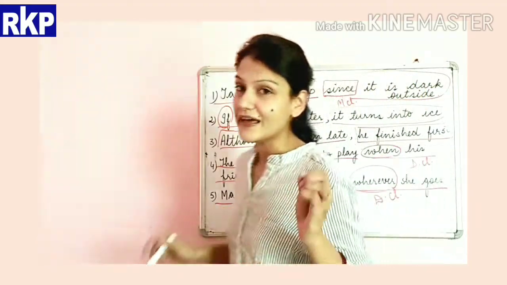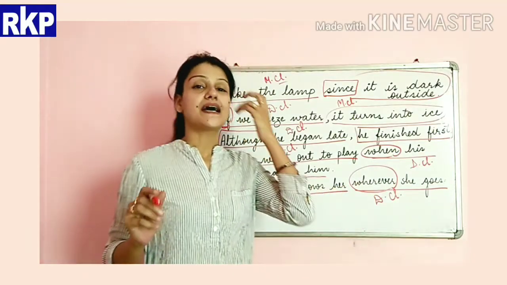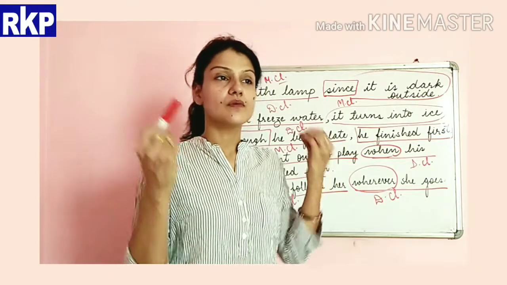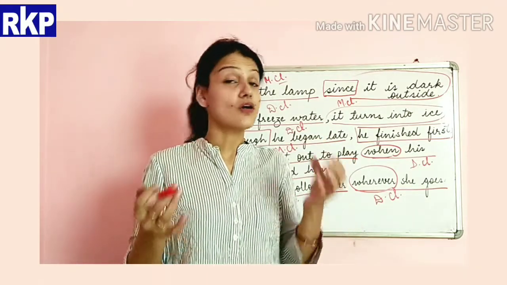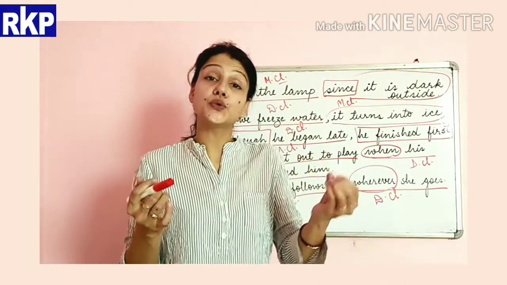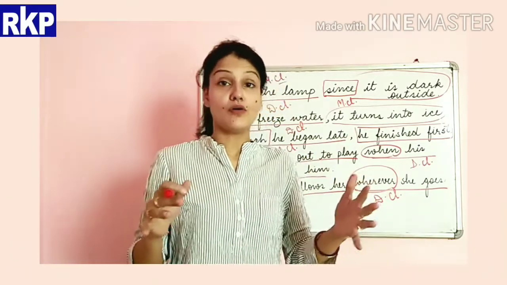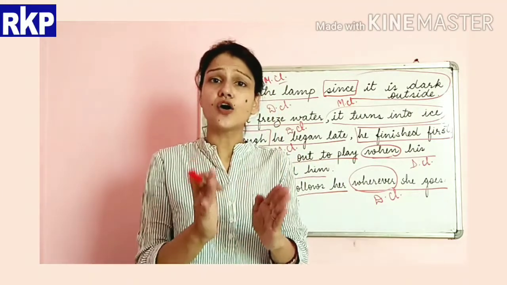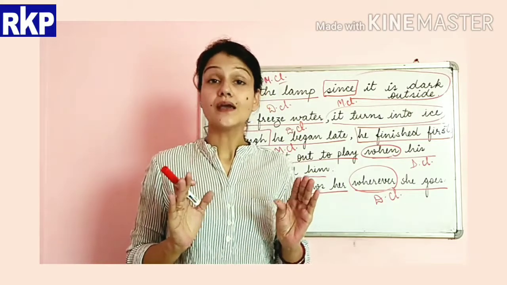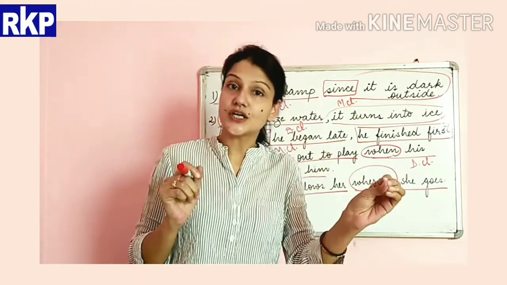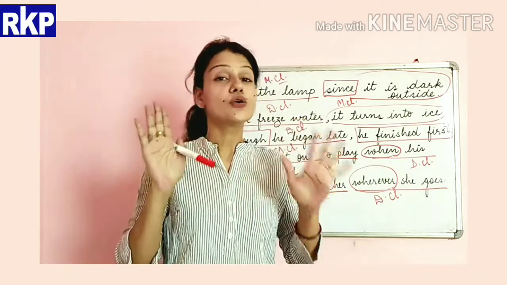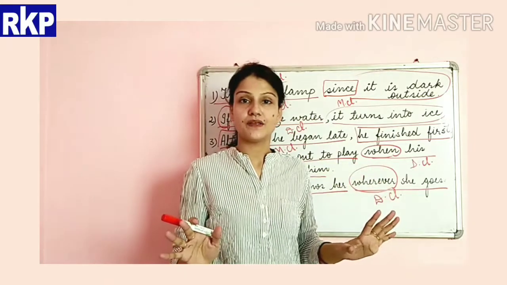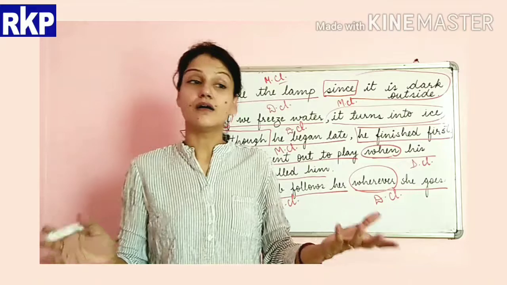Now, one very important thing: sometimes a conjunction or a word can be used in a noun clause also, and in some other clause also. So do not just get stuck on the conjunction only. The moment you see the conjunction or the same word, do not jump to the conclusion that this is an adverb clause or this is a noun clause.